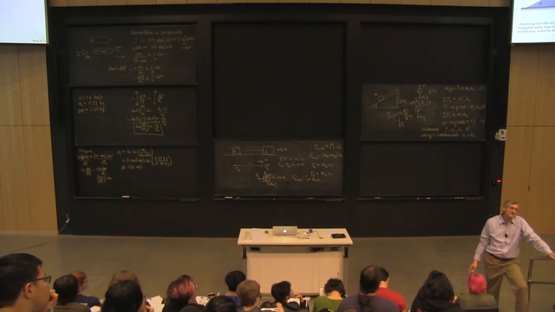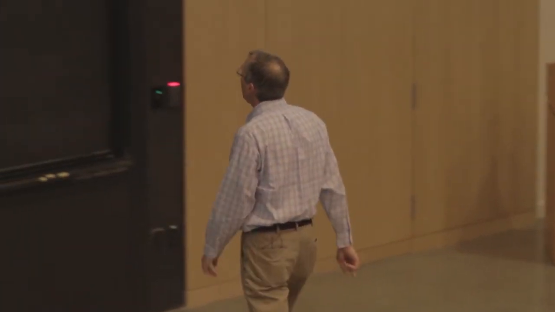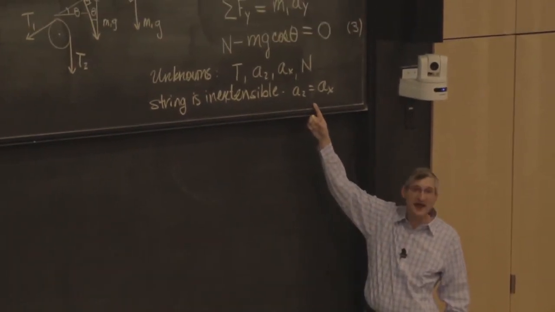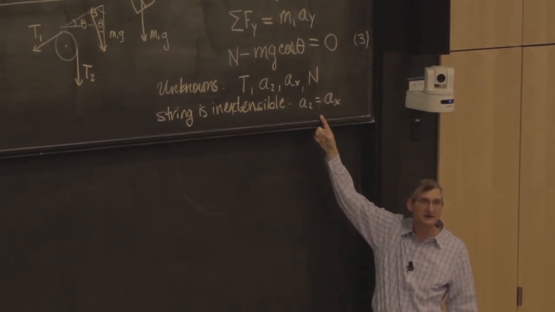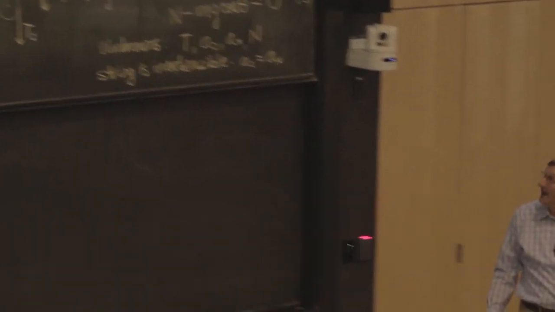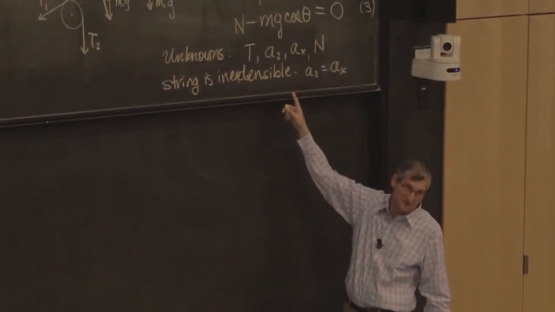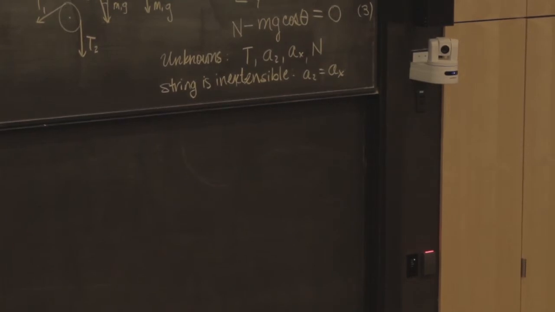What if I was perverse and I did it backwards? Yeah, then when I came to this line, they would have to be opposite, because I had chosen an opposite direction for A1. When one was positive, the other would have to be negative. So I need to look carefully at the way I've chosen my directions in order to decide whether they should be positive or negative there.